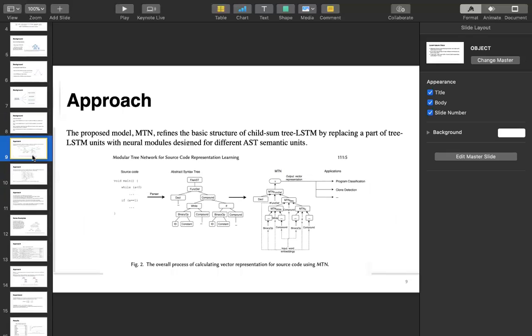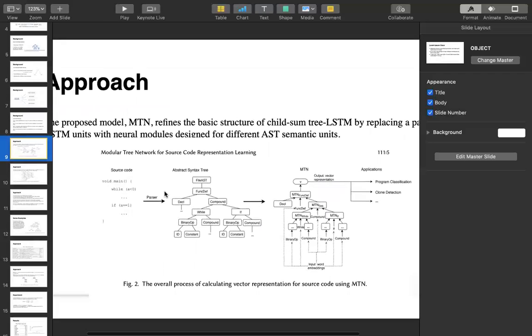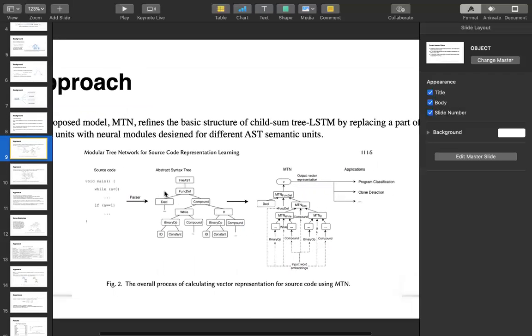So the approach of this paper is called the modular tree network, and it refines the basic structure of the tree LSTM by replacing a part of the tree LSTM units with neural modules designed to handle different AST units. We can see in the graph that the leftmost part is the source code, and the middle is a normal abstract syntax tree.